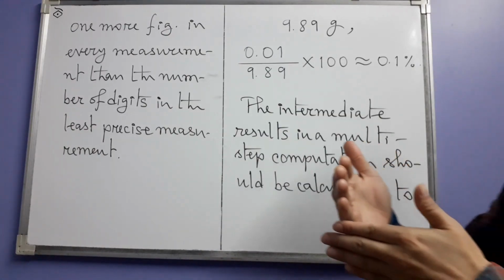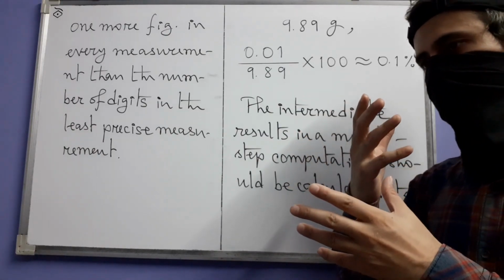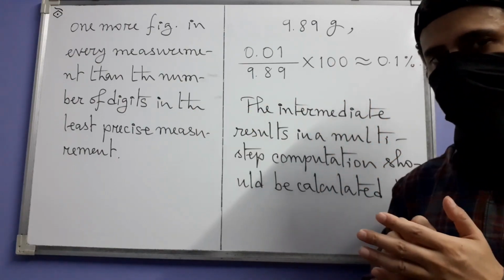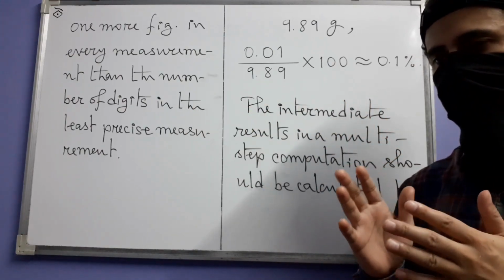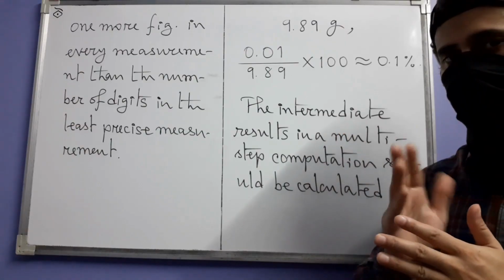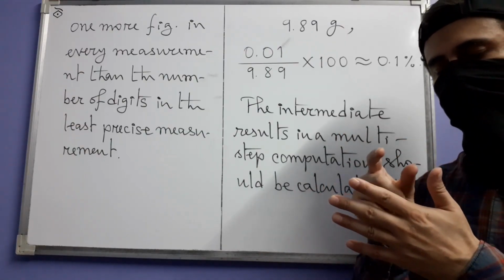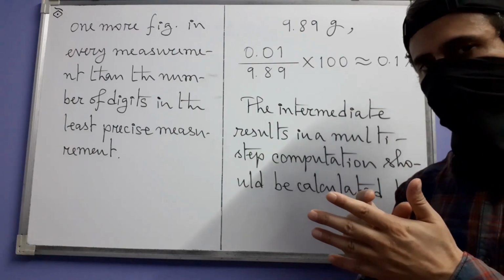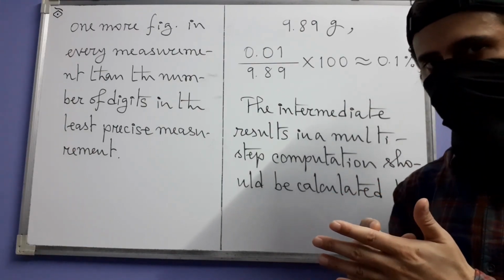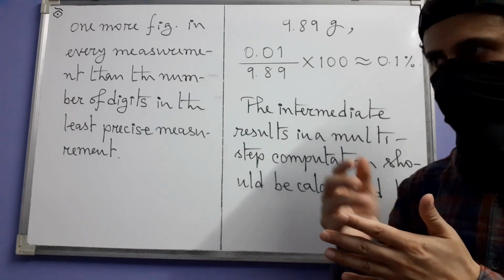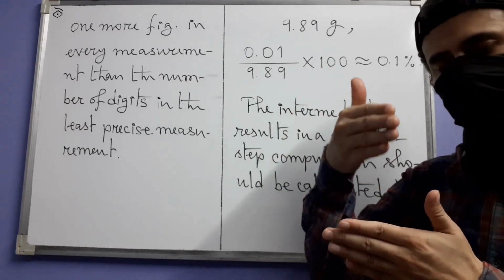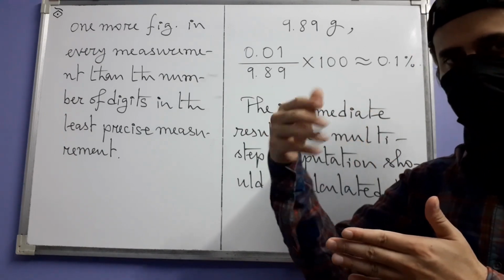That means, so you have some approximate quantities. It's not necessary that each time they all will have the same number of significant figures, that we already know. So you pick that one which has the least number of significant figures. And then the others have maybe this same number of significant figures or more.